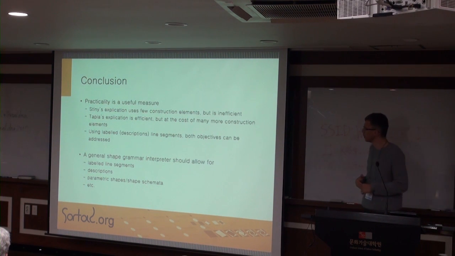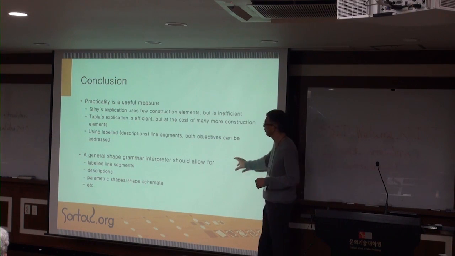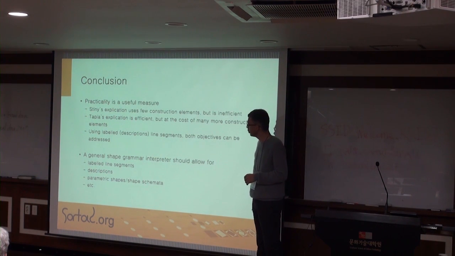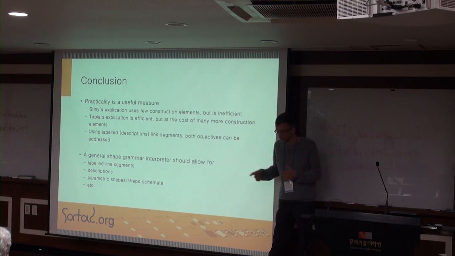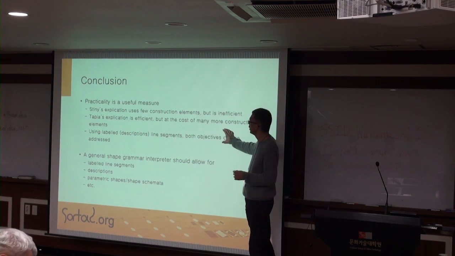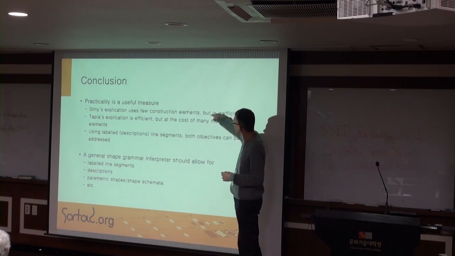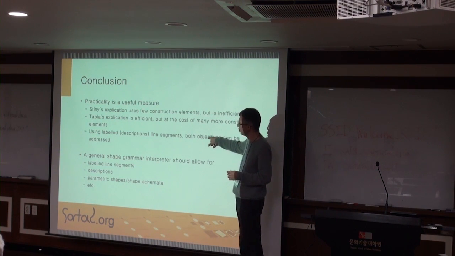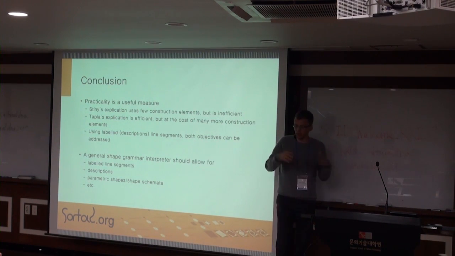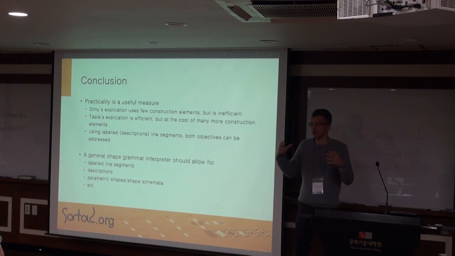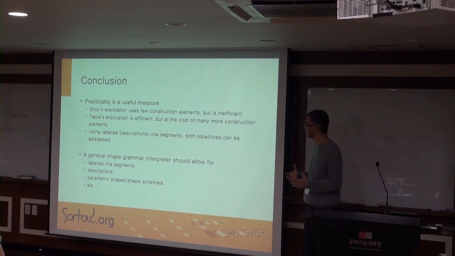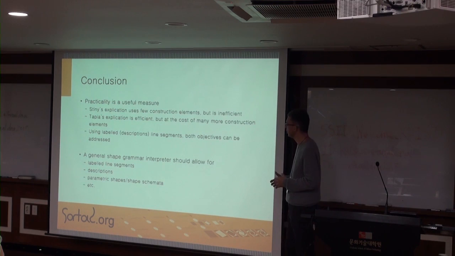But really, why I'm doing this is because I'm developing a general shape grammar interpreter, and I'm trying to understand that in order to address these kinds of issues, you have to think beyond what currently might be existing in terms of implementations.